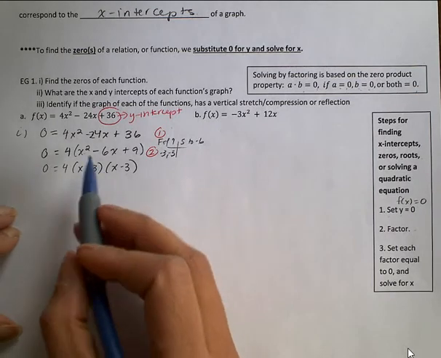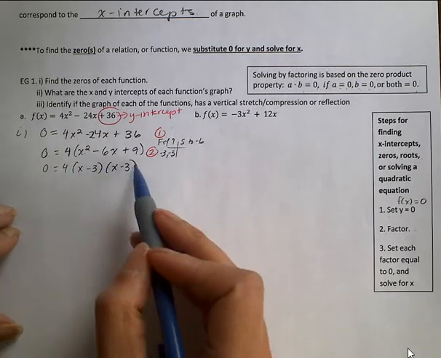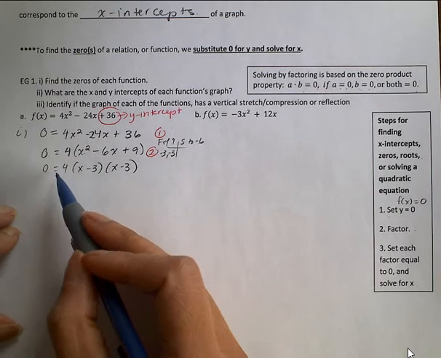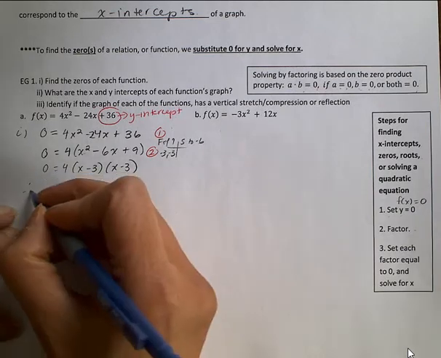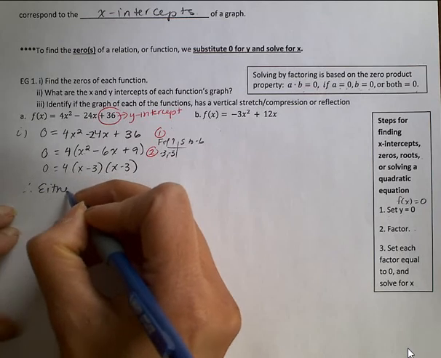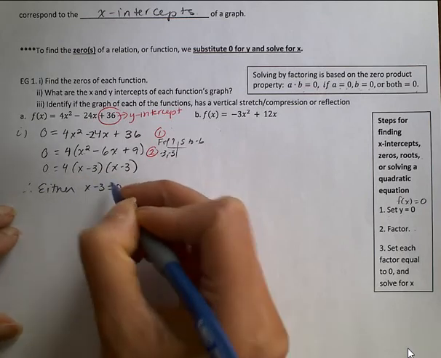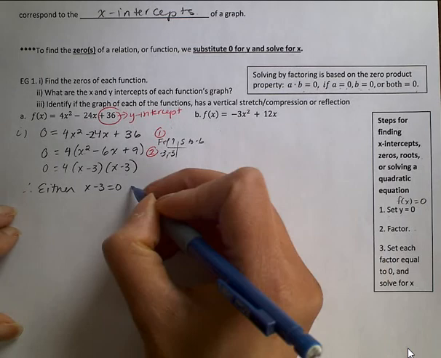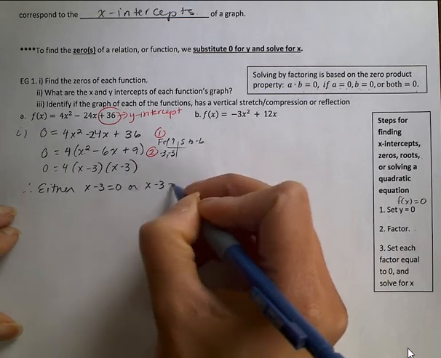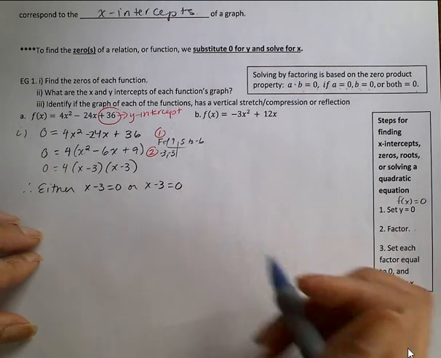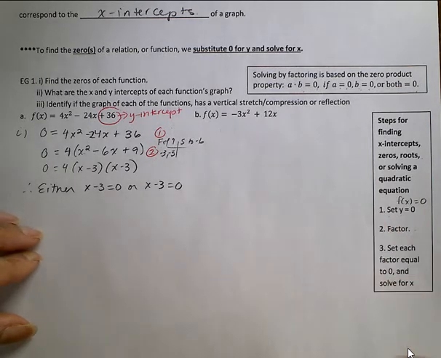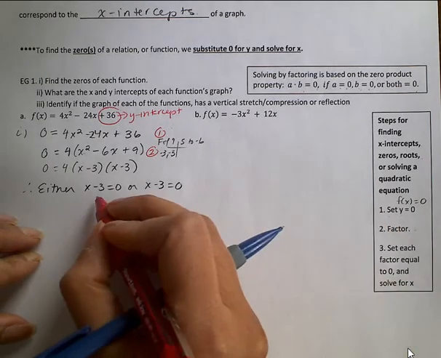This says 4 times a number times another number is equal to 0. So for that statement to be true, we know that either x minus 3 has to equal 0, my first factor, or the second one has to equal 0. Now this seems a little bit repetitive in this example. You'll see that it's different in the other examples. And now I solve each of these equations. So I'm solving for x.